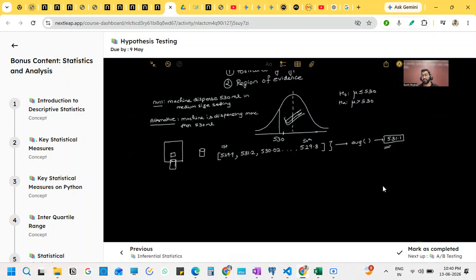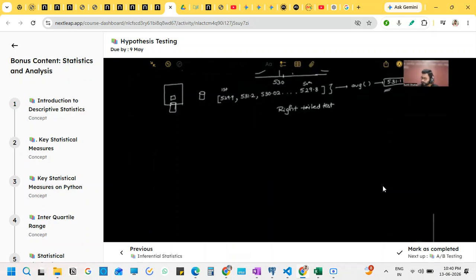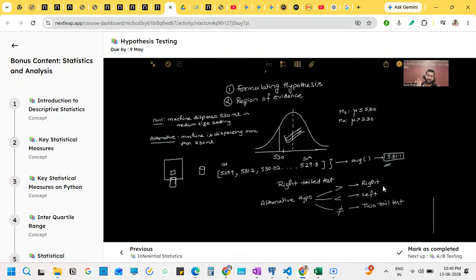Since I'm trying to find evidence on the right side, this is known as a right-tailed test. If the alternative hypothesis gives you a greater than sign, this is a right tail test; a less than sign, a left tail test; a not equal to sign, a two tail test, which means if your resultant value is on either the right or left, you will say that your null is wrong.